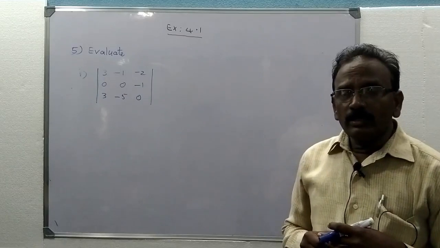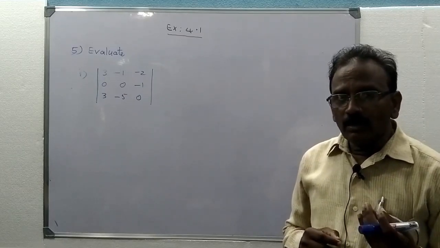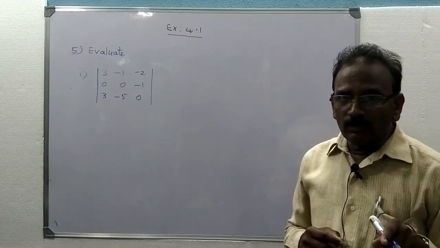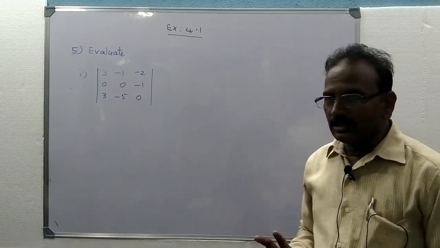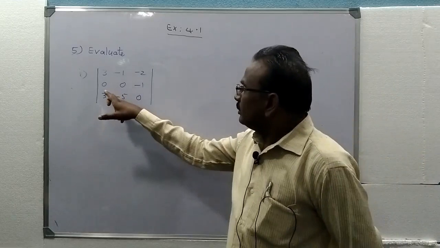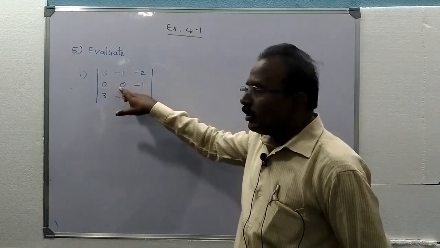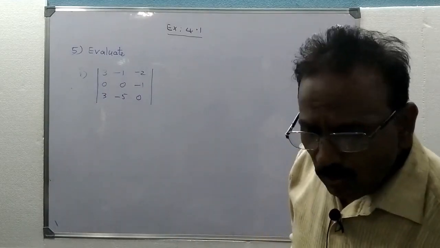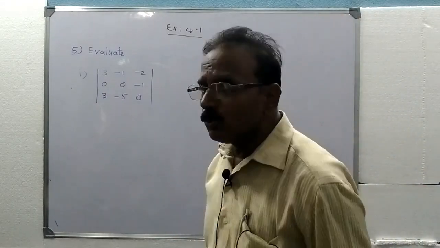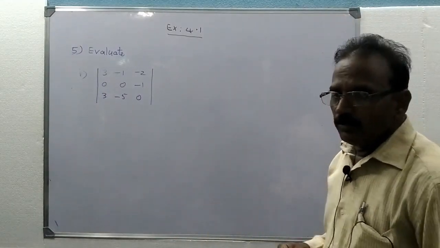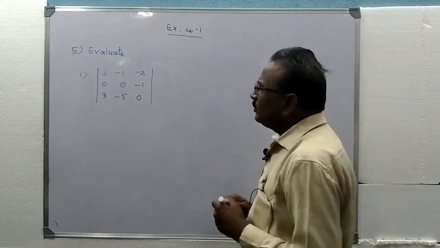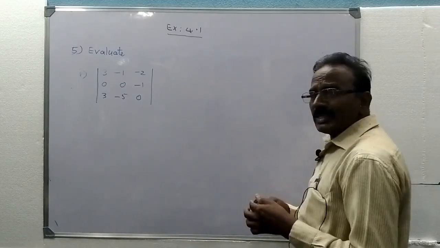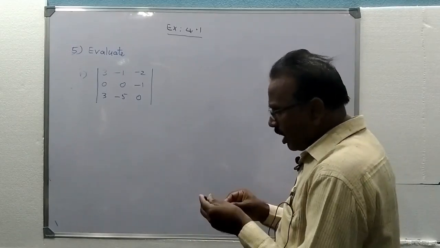It is convenient if we expand along a row or column that contains the maximum number of zeros, so your calculations will be easy. Clearly, here the second row contains more zeros. Therefore, if we expand along row 2, the calculations will be easy. Otherwise, we can expand along R1, no problem. So I want to expand along R1 only.